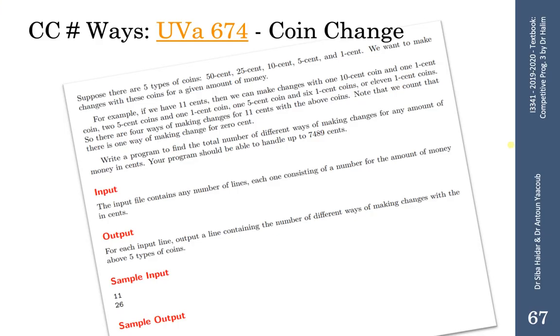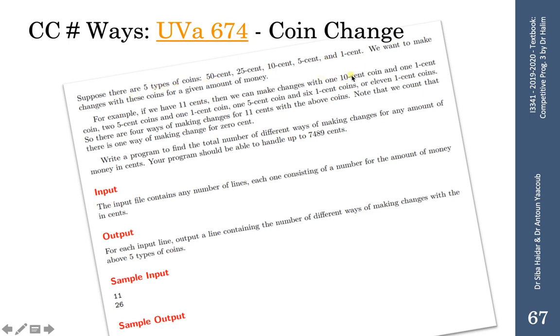Now, rather than calculating the minimum number of coins to be used, the variant calculates the number of ways in which we can represent a coin change. So this is UVa 647 entitled Coin Change, and here we have 5 types of coins.